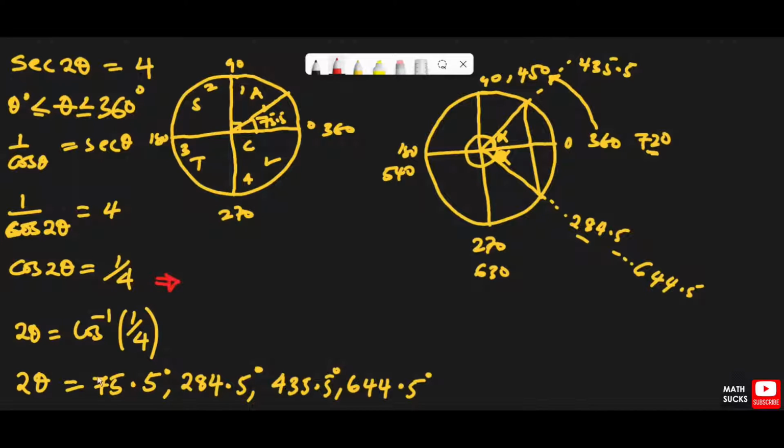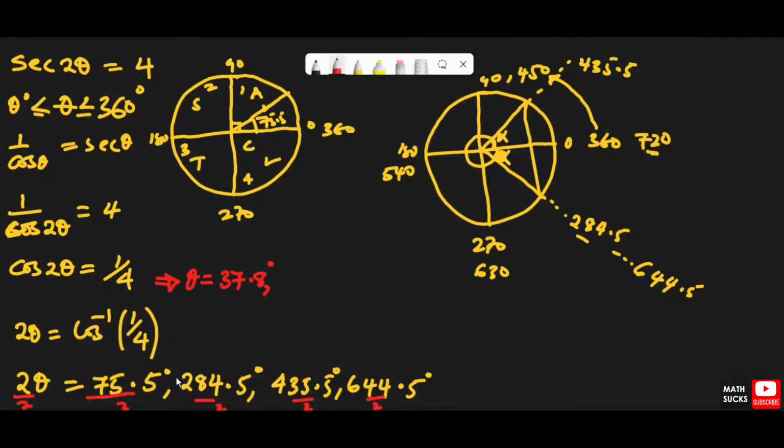And so what are the possible values for theta? We are going to divide everything by 2 in order to come up with the possible values of theta. So theta is equal to 75.5 divided by 2, which gives us 37.78, but we'll keep it short, so that means we have 37.8 degrees.